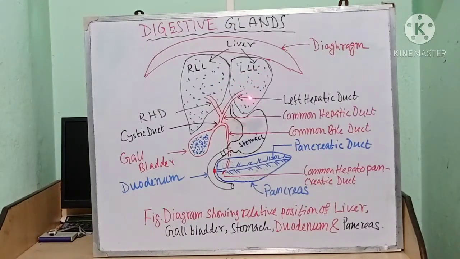So, the left lobe of the liver is small because it provides space for the stomach. Now, look at the diagram very carefully.